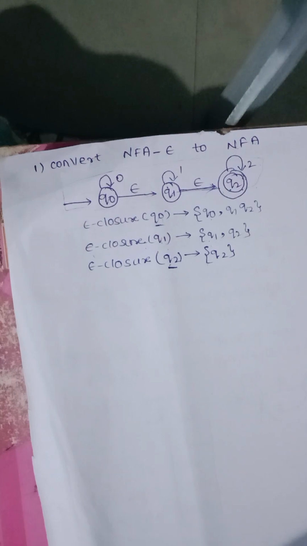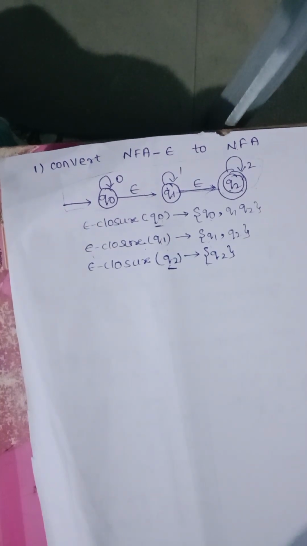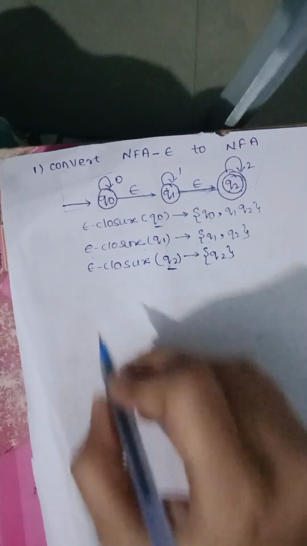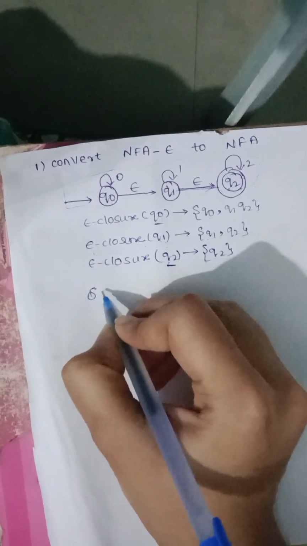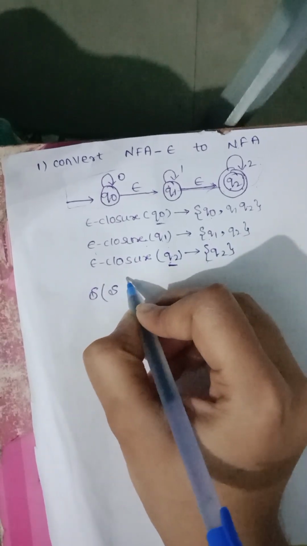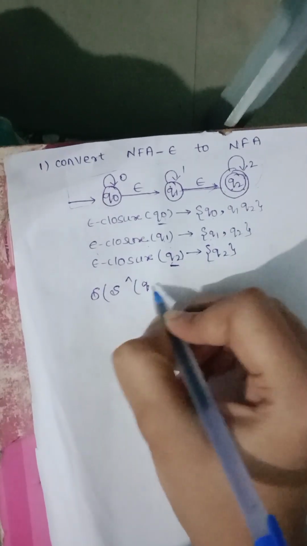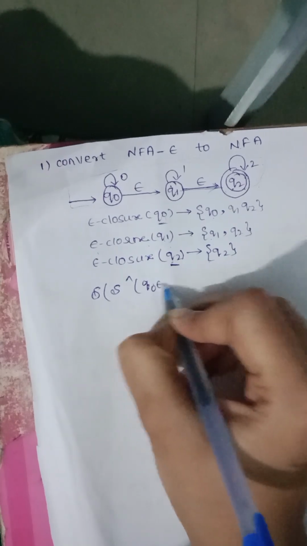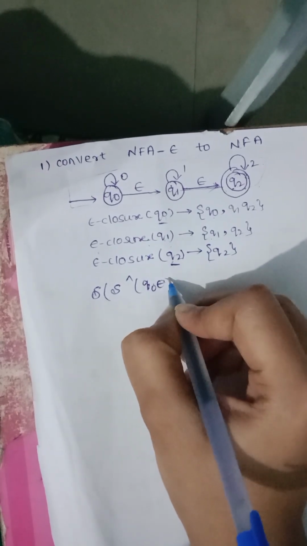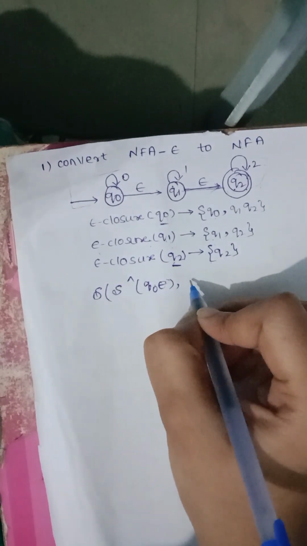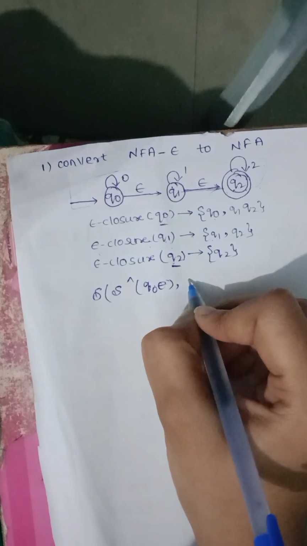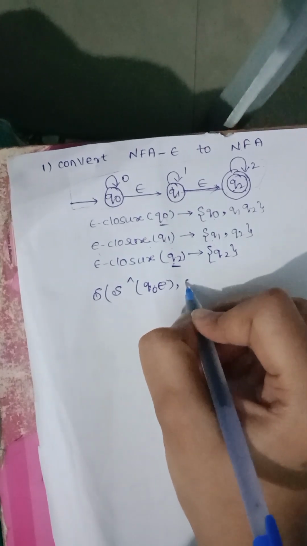Now the second step is we have a formula, a rule. What is that rule? Delta cap of Q naught comma epsilon and input, meaning either 0 or 1, or a, b.